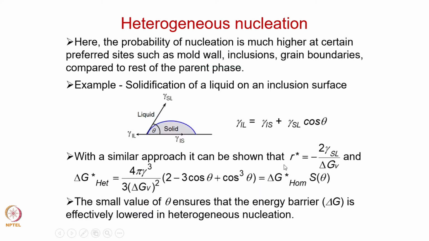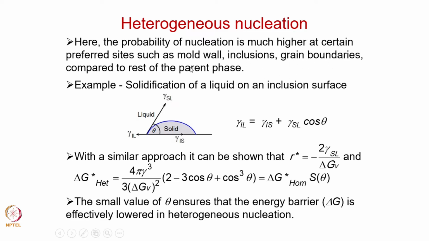So what is different in heterogeneous nucleation? In heterogeneous nucleation, you have some preferential sites for the nucleus to form. It is not going to be uniform anymore, as you have seen for the homogeneous case. So the nucleus will tend to form at some preferred sites, such as the mold wall when you are pouring the liquid metal into the mold, inclusions, if they are present in the liquid metal as suspended particles, and grain boundaries.